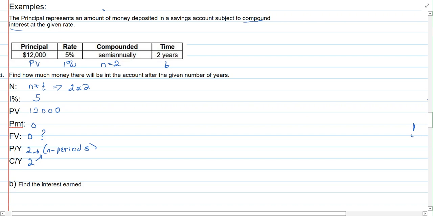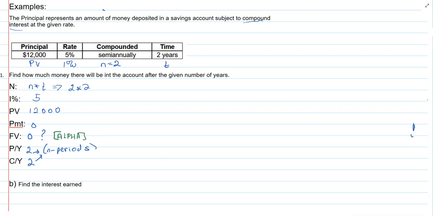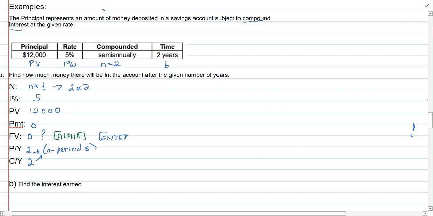All right. So then what we'll do is come back to future value because we want the amount of the future value. So this will be where we click on alpha, and then we do the enter, to get a solution.